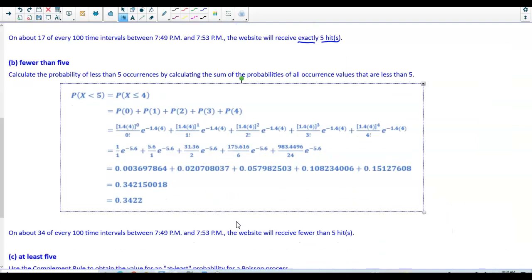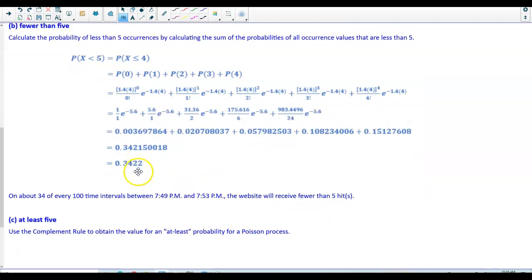And so that verifies our probability. If we round this to 2 decimal places, we get 0.34, which is the same thing as 34 over 100. So we would say that on about 34 of every 100 time intervals between 7:49 p.m. and 7:53 p.m., we will receive fewer than 5 hits.